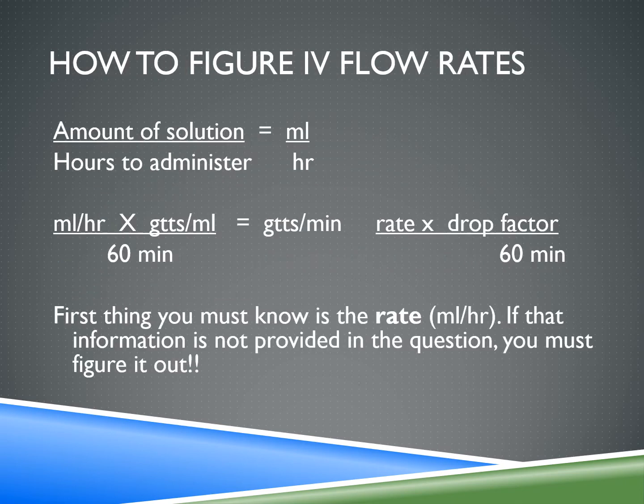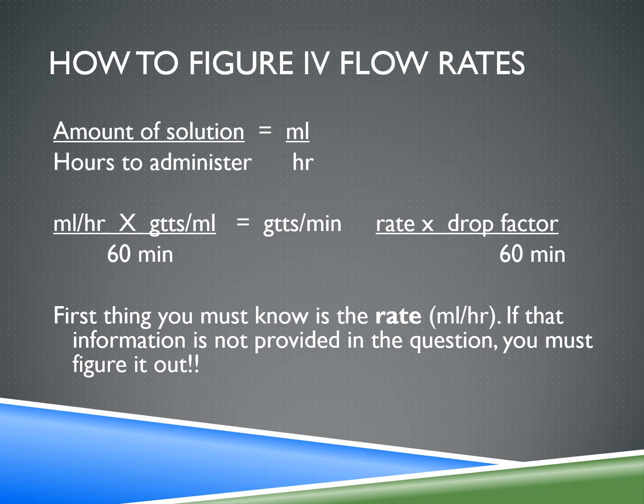This slide will make more sense when we start actually doing problems, but basically, what you have to know first is the rate. So if they don't give you the rate outright, they don't say 100 milliliters per hour, then again, you might have to take that 3,000 cc's over 24 hours and bring it down to milliliters per hour. Because what you need in order to set this up, and you set these all up the exact same way, guys, you have milliliters per hour times drops per minute over 60 minutes.